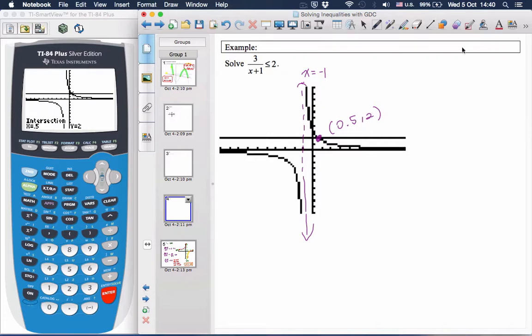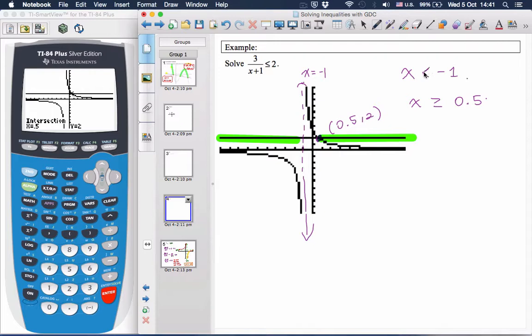So we want the straight line to be above the curve. That's going to be here, right? Anything bigger than 0.5, and anything to the left of -1. So you can write x is less than, not equal to, x is less than -1, and x is greater than or equal to 0.5.